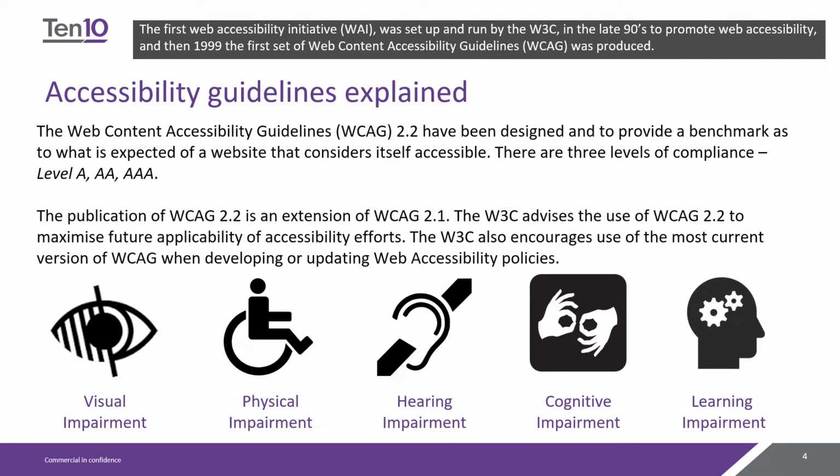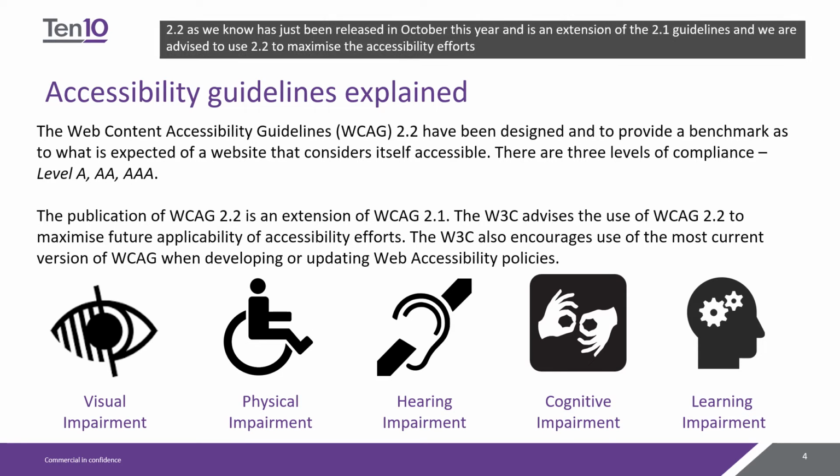The first web initiative, WAI, was set up and run by the W3C in the late 90s to promote web accessibility. Then in 1999, the first set of web content accessibility guidelines were produced. So 2.2, as we know, has just come out in October this year and is an extension of the 2.1 guidelines.